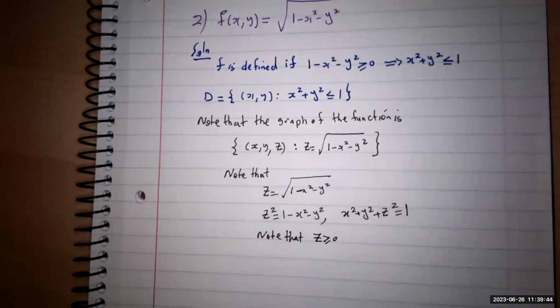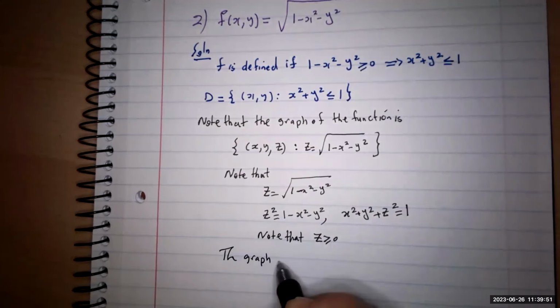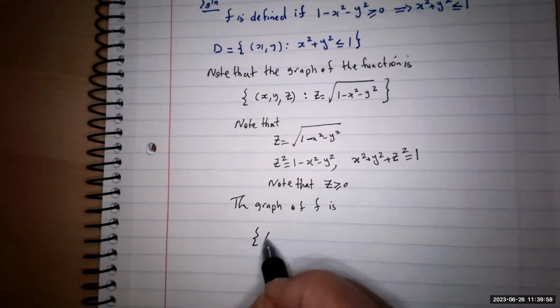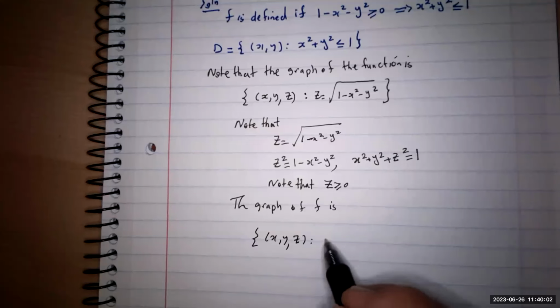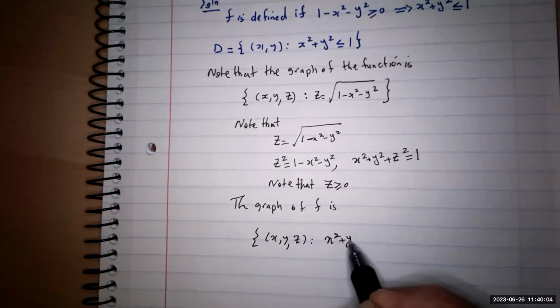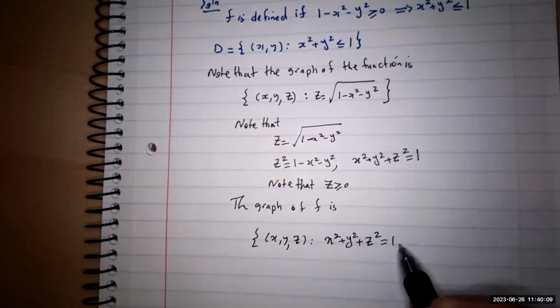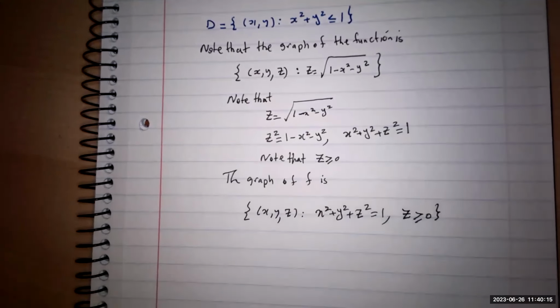So the graph of the function f is going to be the collection of points x, y, z that satisfy this condition: x squared plus y squared plus z squared equal to 1, with the condition that z must be greater than or equal to 0.